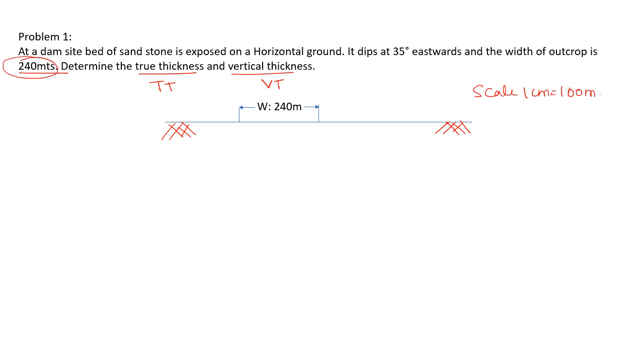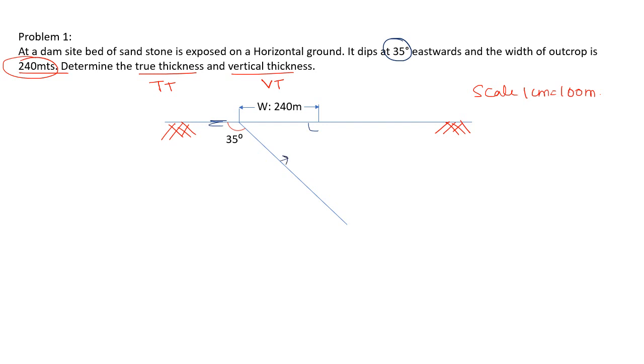Now moving on to the next part, we'll draw the dip direction, that is 35 degrees. We'll measure from this horizontal ground and draw a 35-degree line over here. Then at this other point, either I can draw 35 degrees again, or I can simply shift this line parallelly using the ruler.